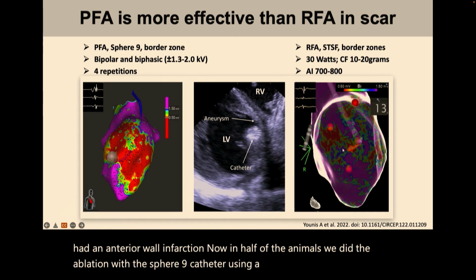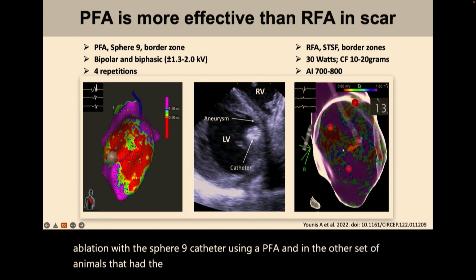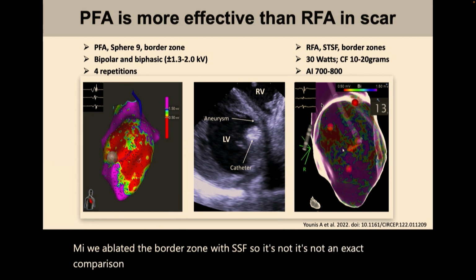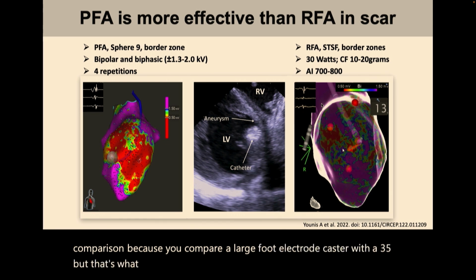And in the other set of animals that had the same MI, we ablated the border zone with STSF. So it's not an exact comparison because you compare a large footprint electrode catheter with a 3.5, but that's what we were able to do back then.